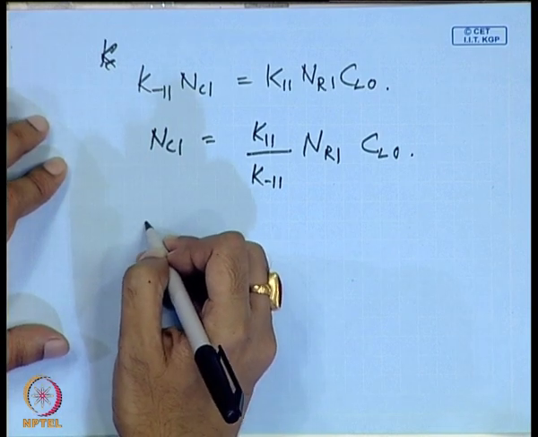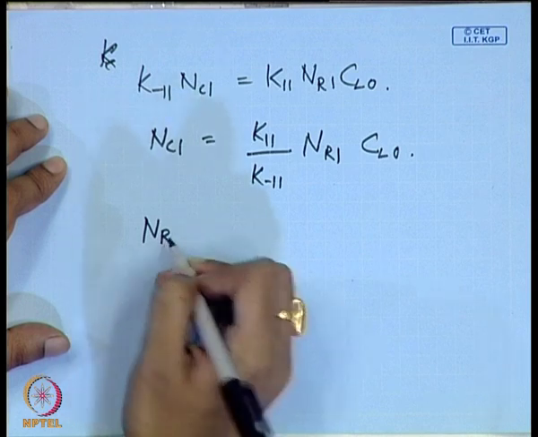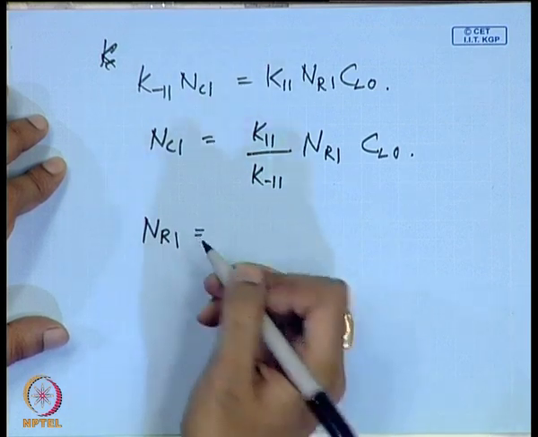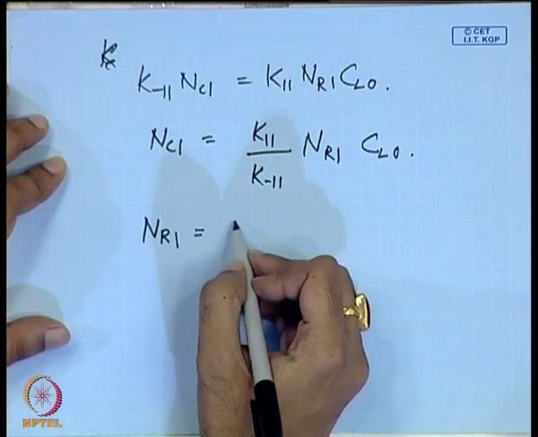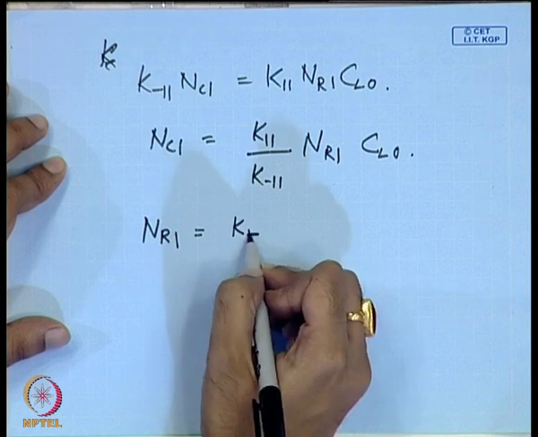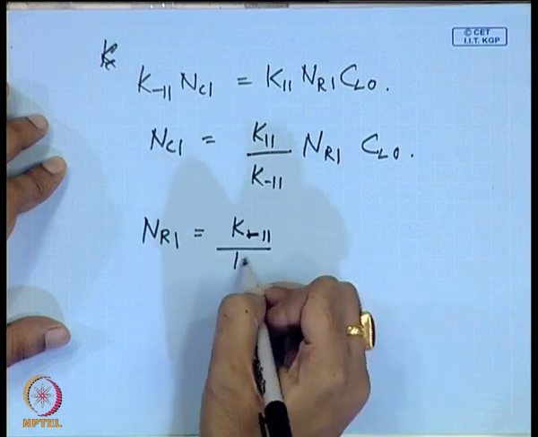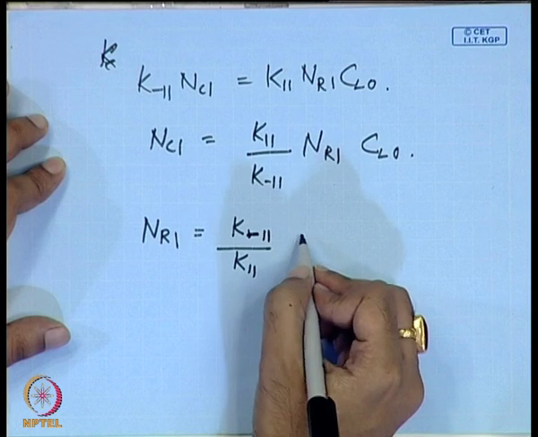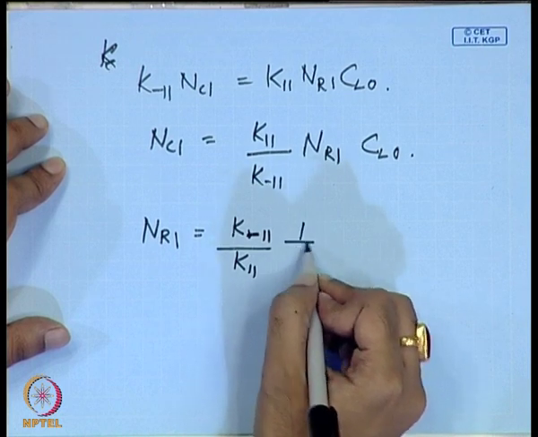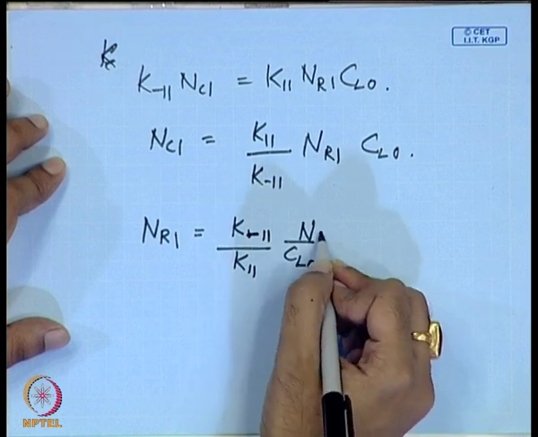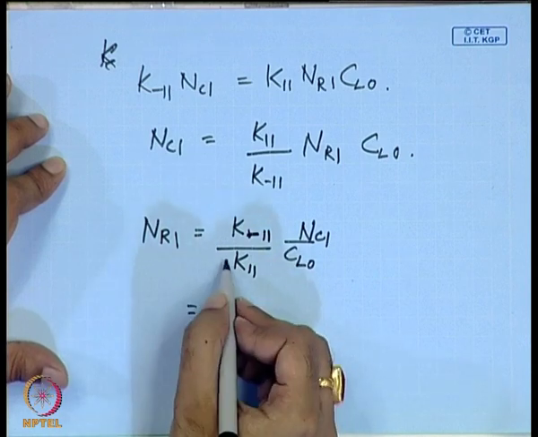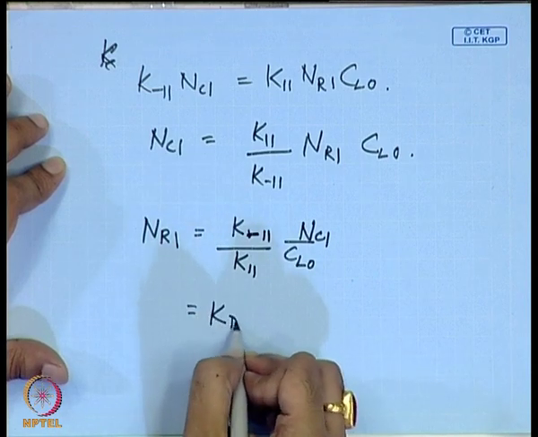So, NR1 equals K minus 11 over K11 times 1 over CL0 times NC1 over CL0. So, this I can write as KD11.